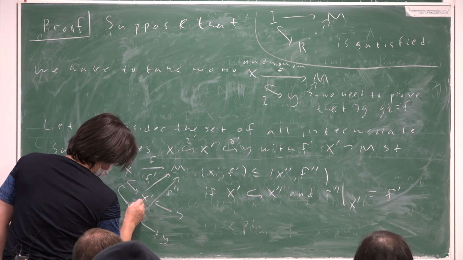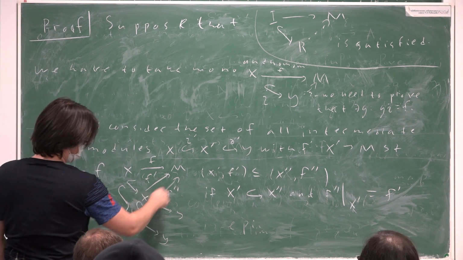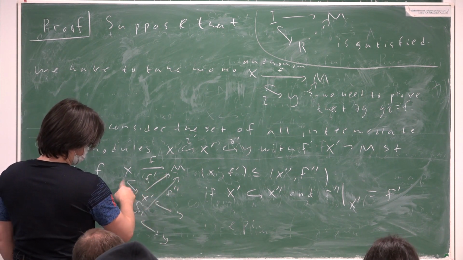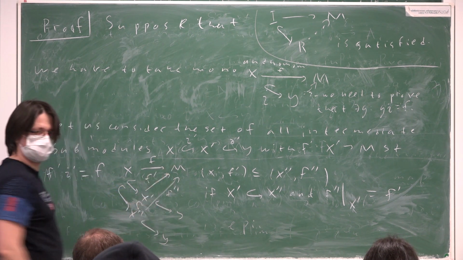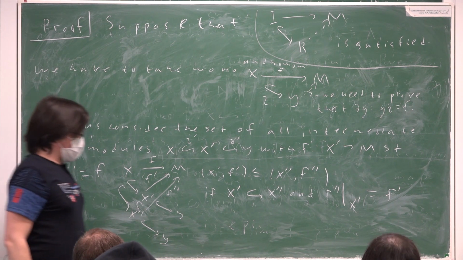So if we have here an inclusion such that this one commutes and this one commutes.